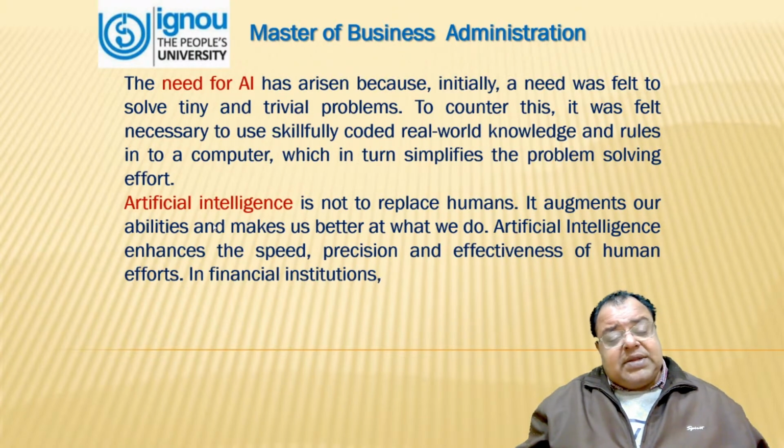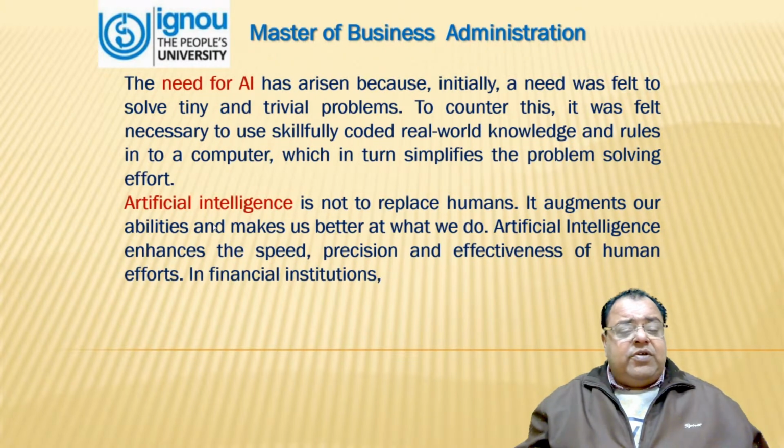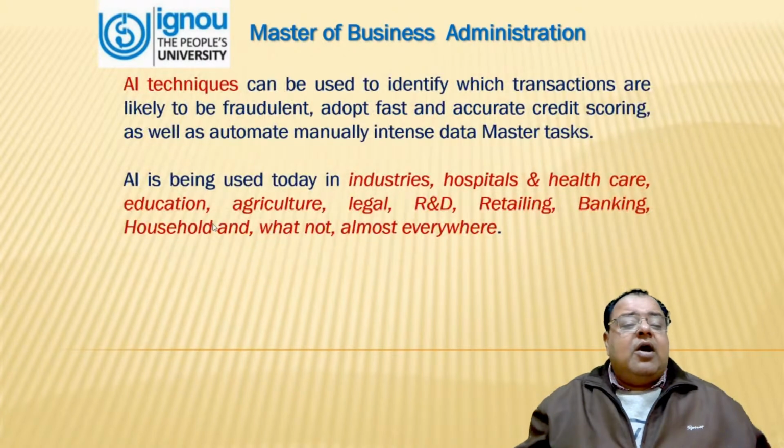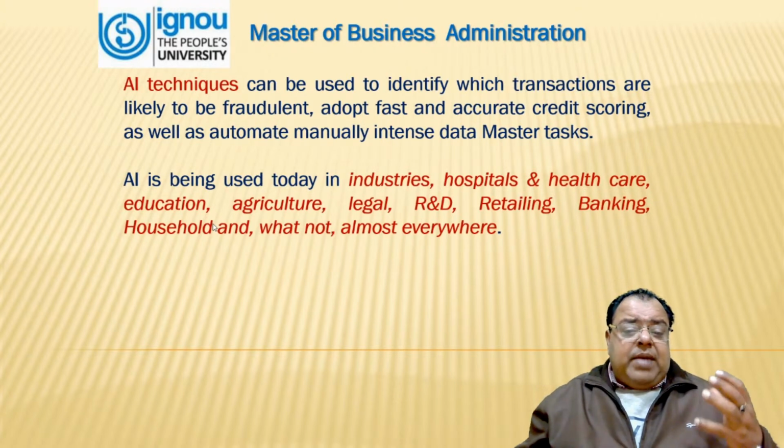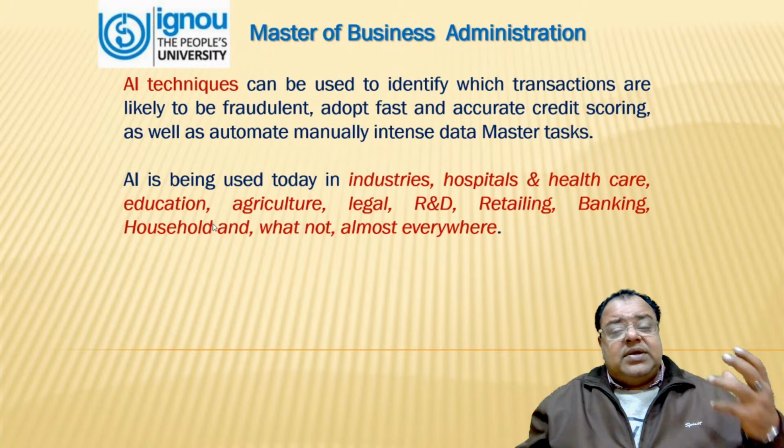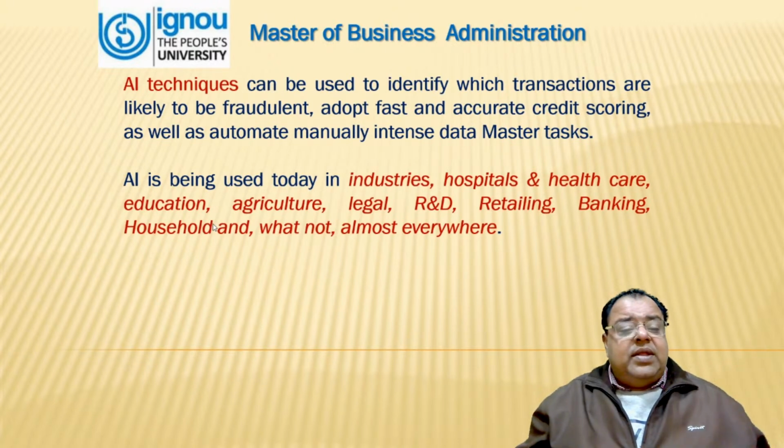Artificial intelligence enhances the speed, precision, and effectiveness of human efforts in financial institutions. AI techniques can be used to identify which transactions are likely to be fraudulent, adopt fast and accurate credit scoring, as well as to automate manually intense data master tasks.